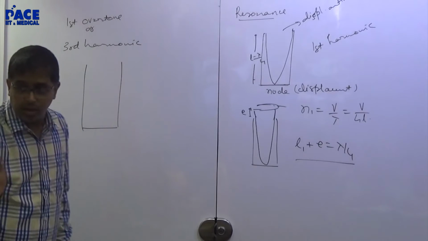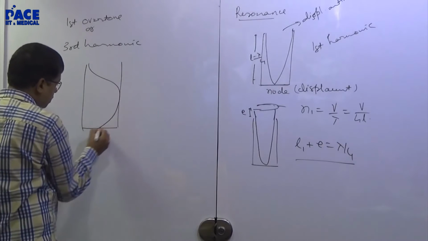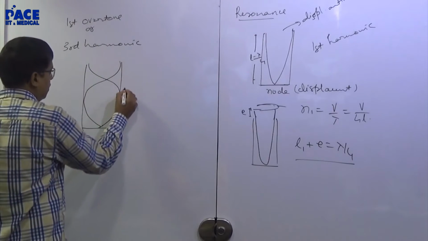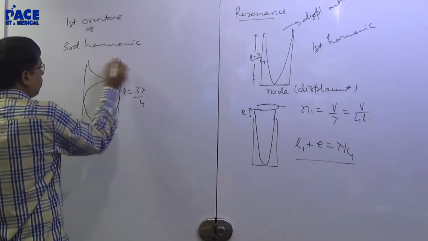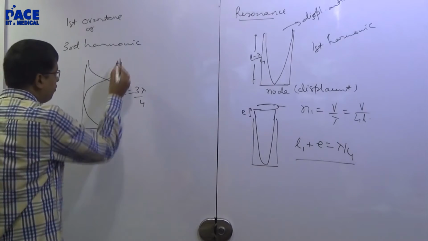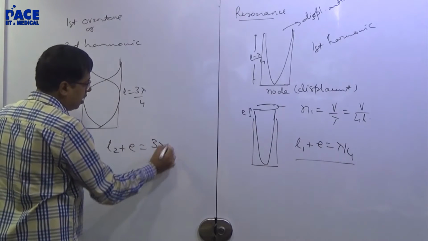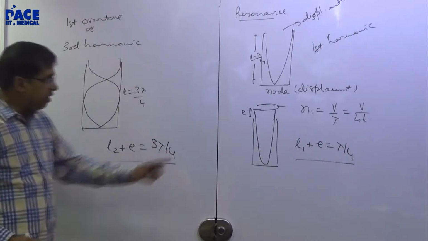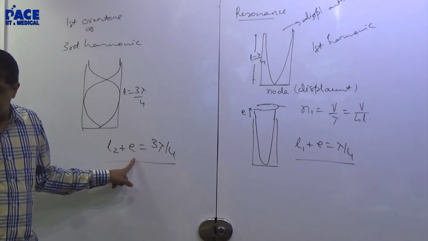What about the second harmonic? The second harmonic will not exist here. Even harmonics will not exist. L is 3 lambda by 4. So if you are taking the end correction, L2 plus E is 3 lambda by 4. Now he will give you L1, he will give you L2. Can you calculate the end correction?